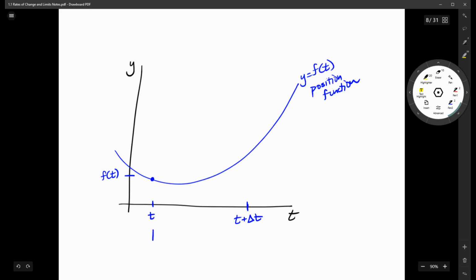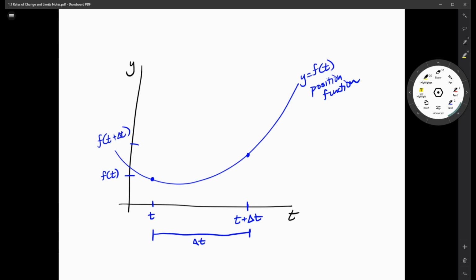So what I'm doing here is starting with a t and then adding some delta t to the original time. So, change in time. Why are we using delta for change? Well, we started with this time, we're ending with this time, so it's t plus delta t. So the new y value there is obviously f of t plus delta t.